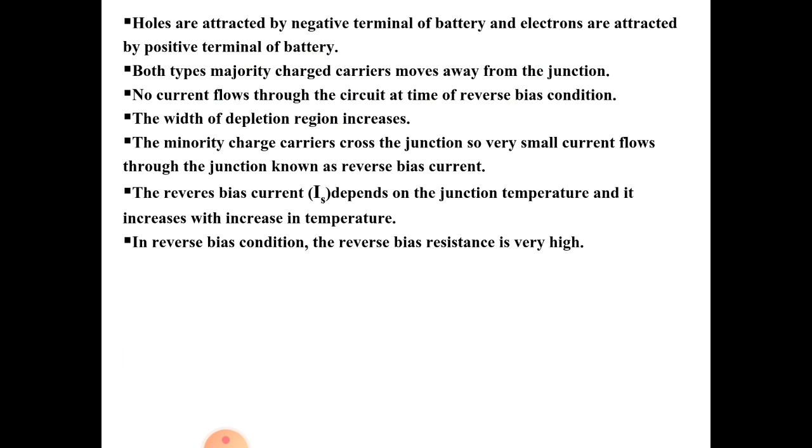In a reverse bias PN junction, holes are attracted by the negative terminal of the battery and electrons are attracted by the positive terminal of the battery. Both types of majority charge carriers move away from the junction. No current flows through the circuit in the reverse bias condition.